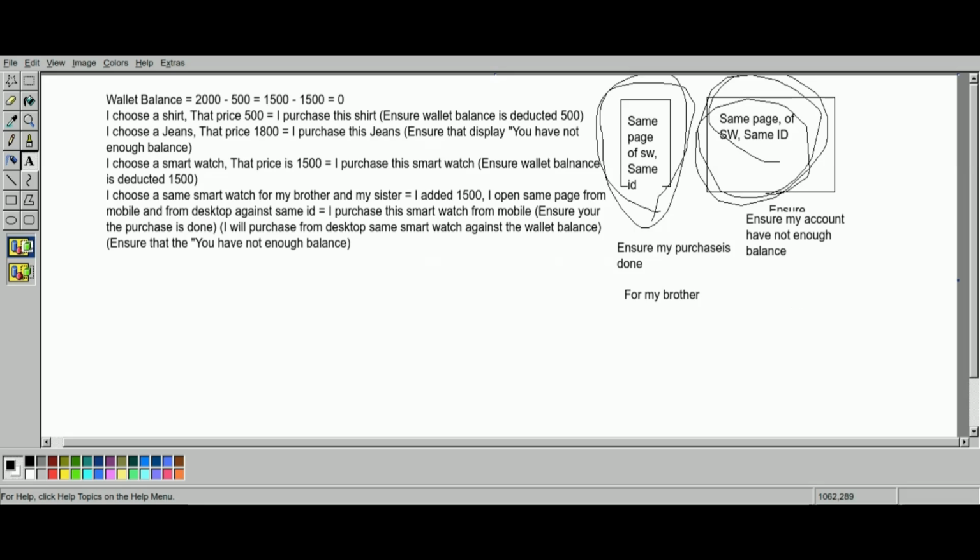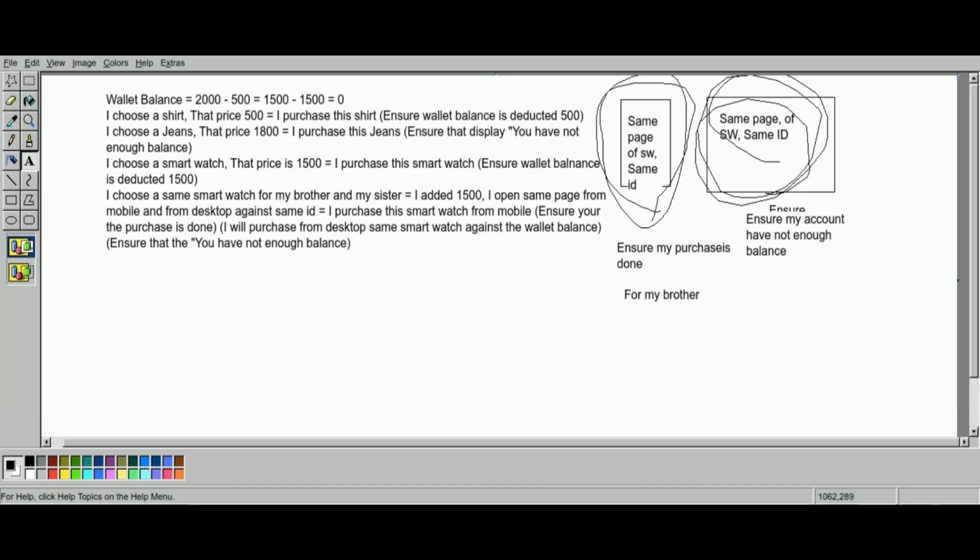What is actually the criteria for this? I will add wallet balance one time, after that I buy the same product at a time. Okay, what is the criteria for these test cases?